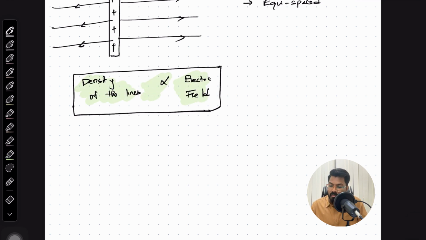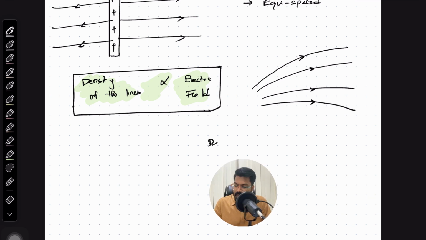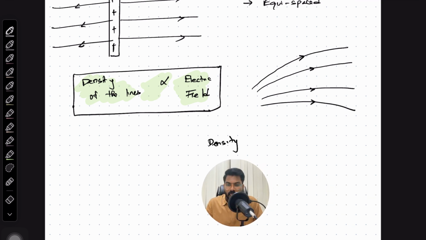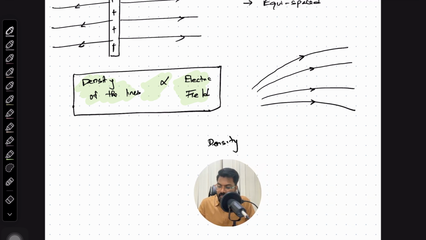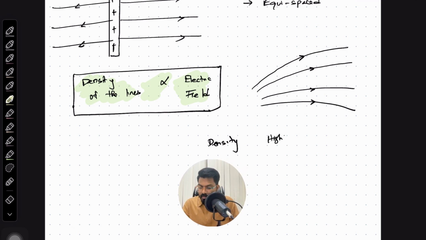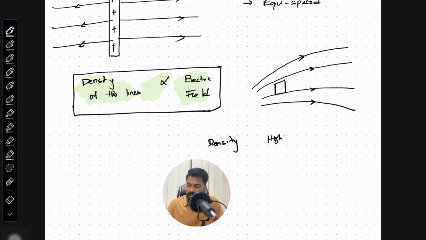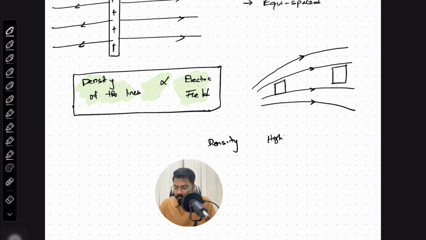Now how can we apply this? Let's say there is an electric field. It goes like this. Now if you look at the density of the lines here, it is high. Now let's say I imagine a surface in this part, and then there is a surface in this part.